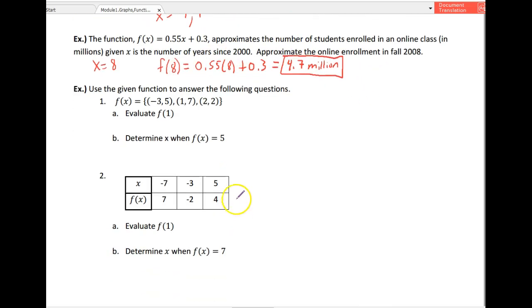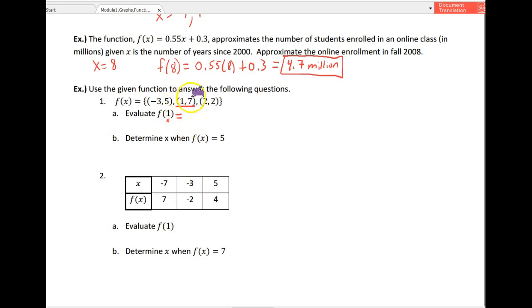Okay, this last one is using ordered pairs or a table to determine these values. So if I wanted to find f of 1, I go up to my little function here, and this is x. So I'm plugging in x equals 1. So I want to see the one where x equals 1.